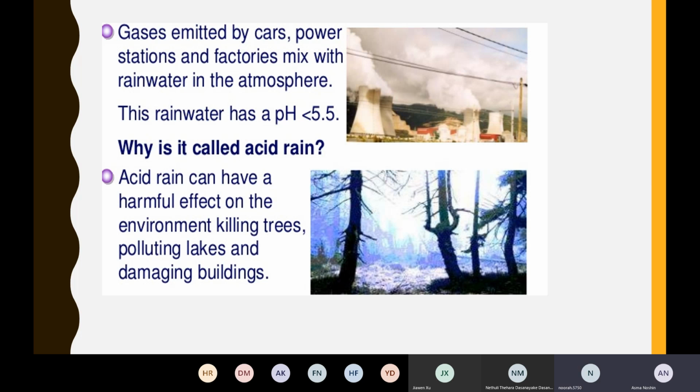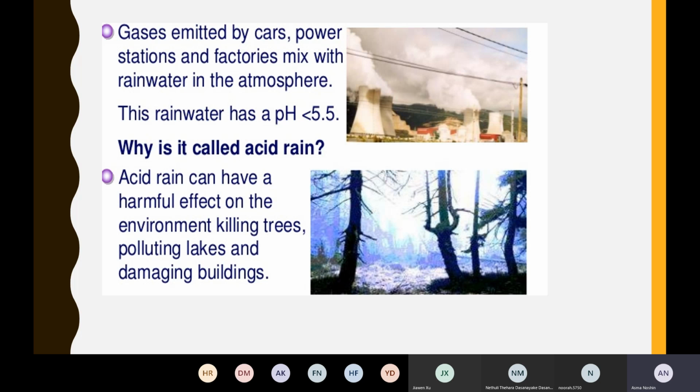I think polluted emissions from factories that are taken into the sky. Okay, and so that comes back down in the process of rain being made. What is the range for acid rain?